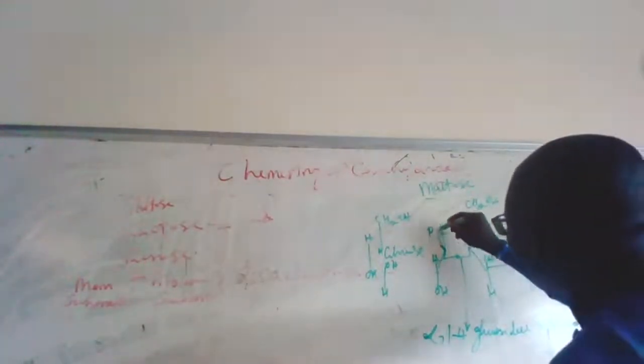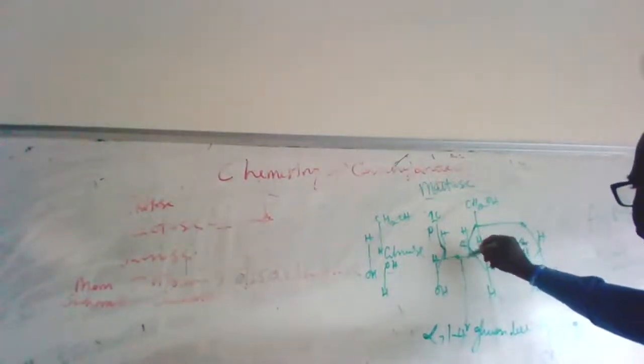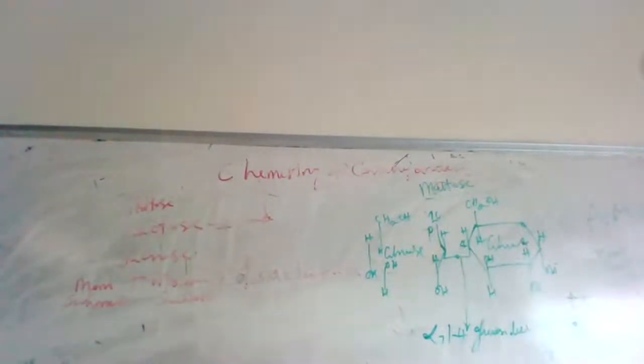And how did we arrive at this alpha 1,4? This is the first carbon for this glucose, and this is the fourth carbon for the other glucose.